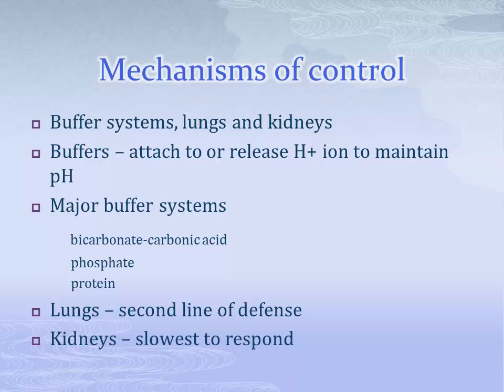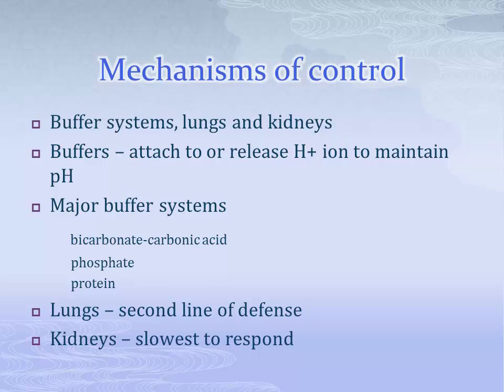So the bicarb is going to buffer the metabolic acids by combining with the hydrogen to form carbonic acid. Now this might seem counterintuitive. If we have too much acid, why are we forming another acid? Well, the idea is that carbonic acid is easy to disassemble and get rid of.